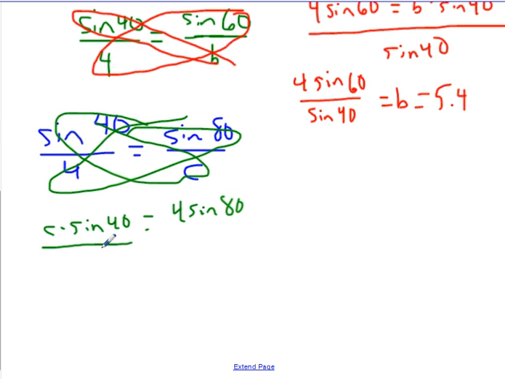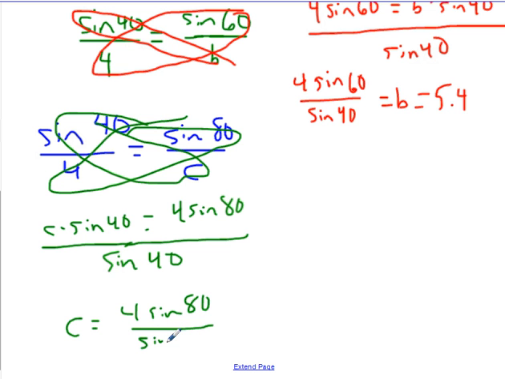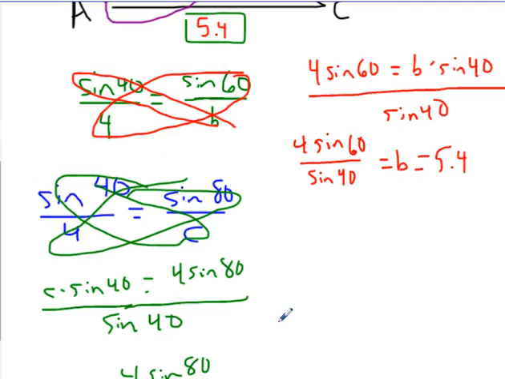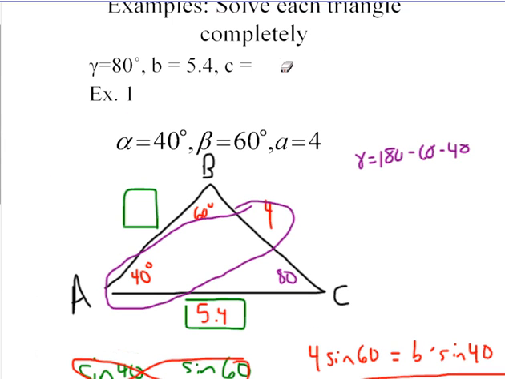Then divide by the sine of 40, and you get C equals 4 times the sine of 80 over the sine of 40, which you would then plug in your calculator and hopefully you get 6.1. So now everything in the triangle is found, all 3 angle measures, all 3 side lengths, so we've completed this problem. So that's your first law of sines problem.